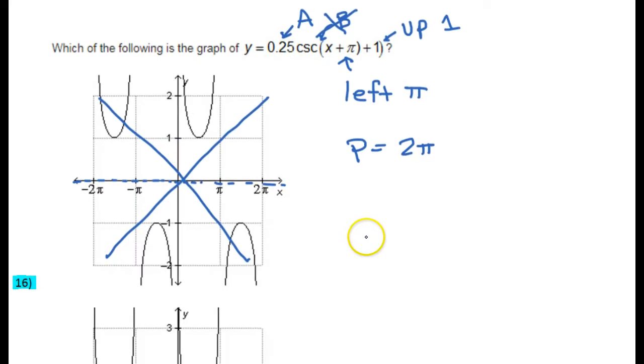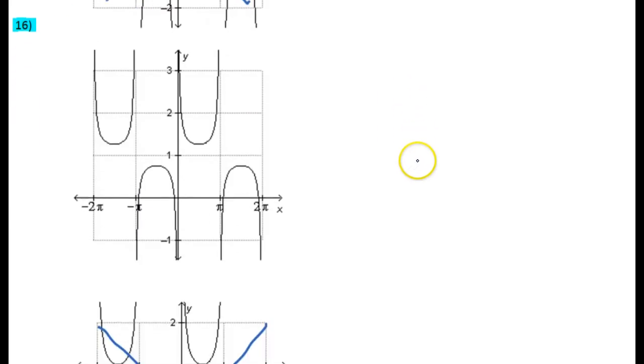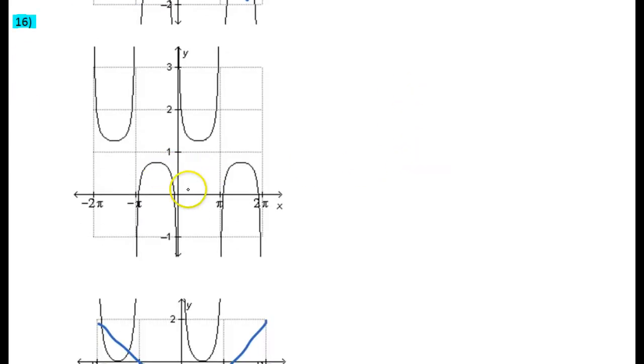All right, so now let's see if we can use the period. We used the up 1 transformation. Now let's see if we can eliminate one of the choices because of the period. So the period has to be 2 pi. That means from corresponding point to corresponding point, that has to be a distance of 2 pi.